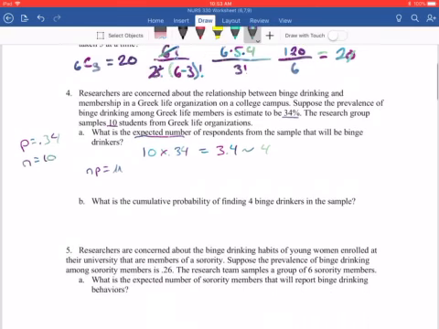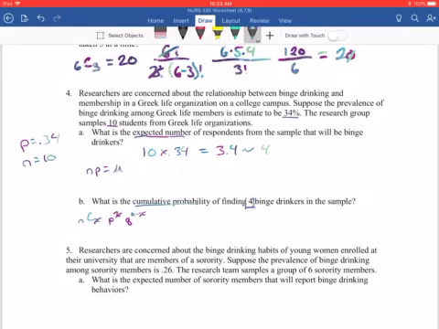What is the cumulative probability of finding 4 binge drinkers in the sample? So our formula we're going to use is nCx times p to the x times q to the n minus x. And we're going to use x equal 4.